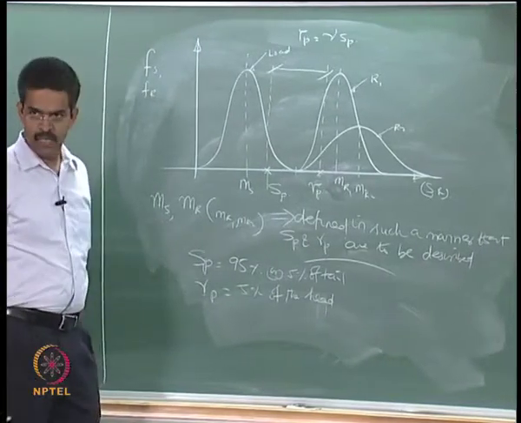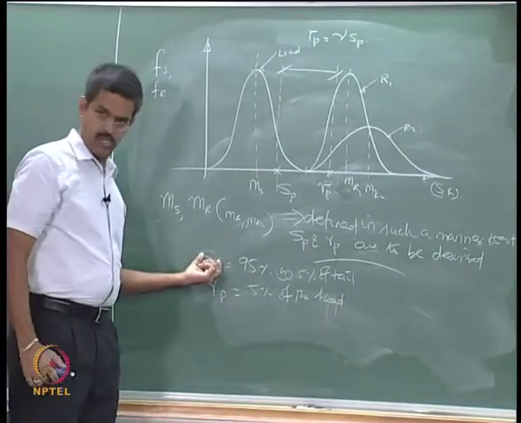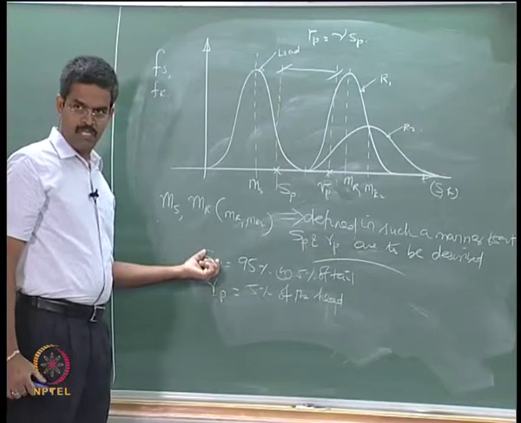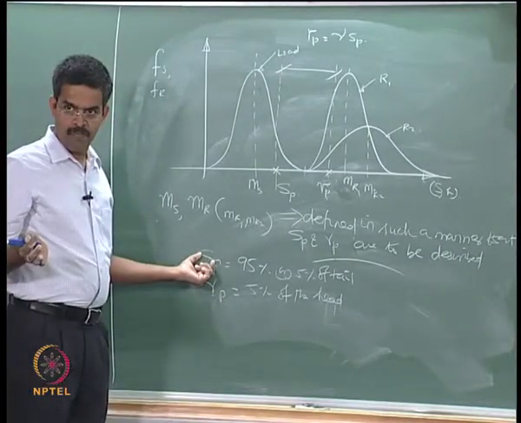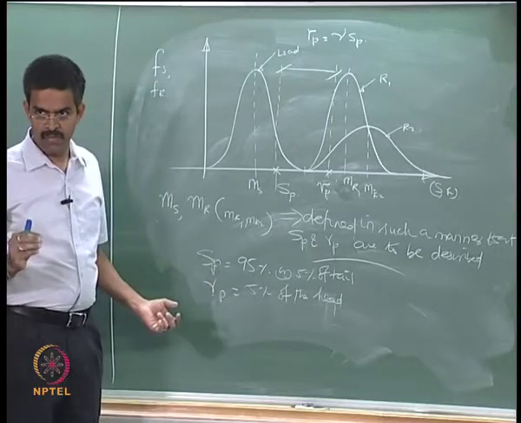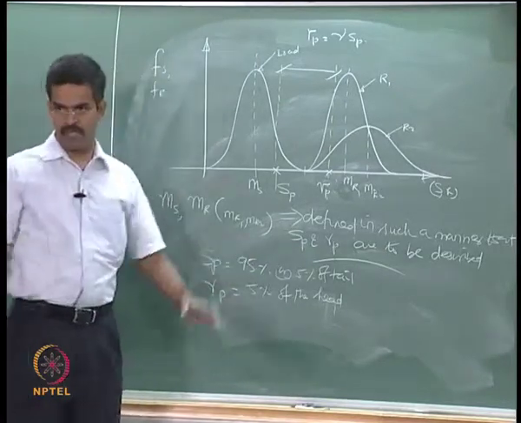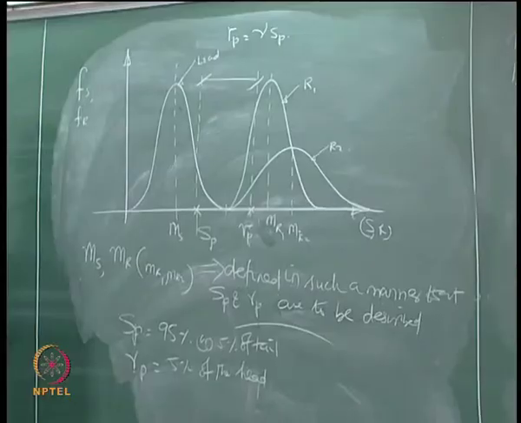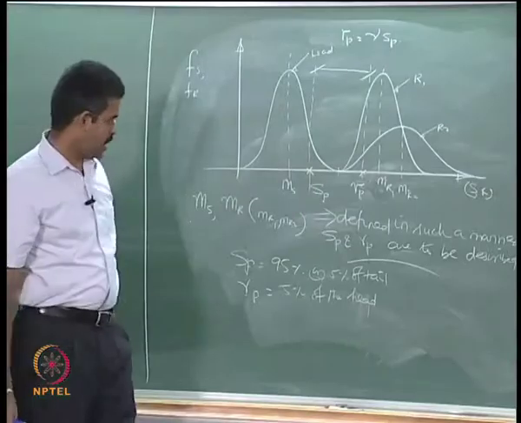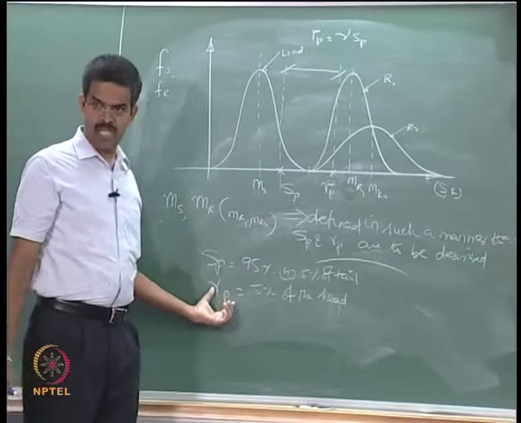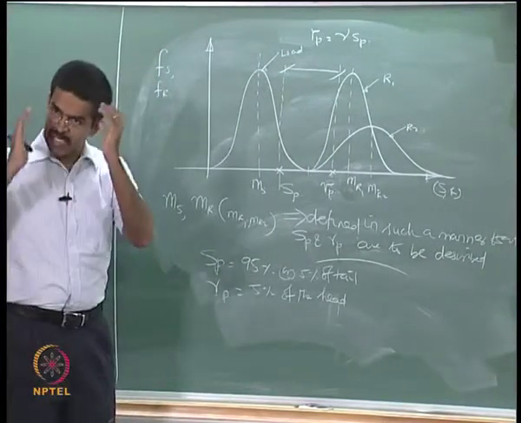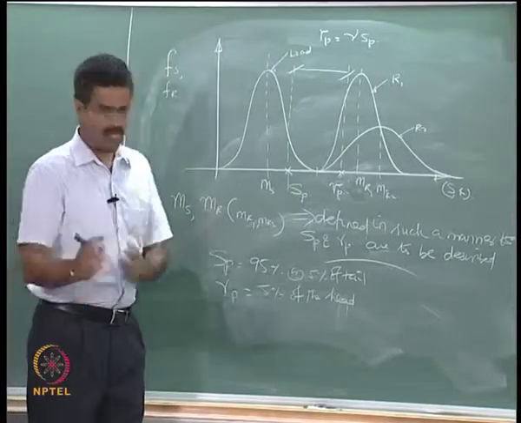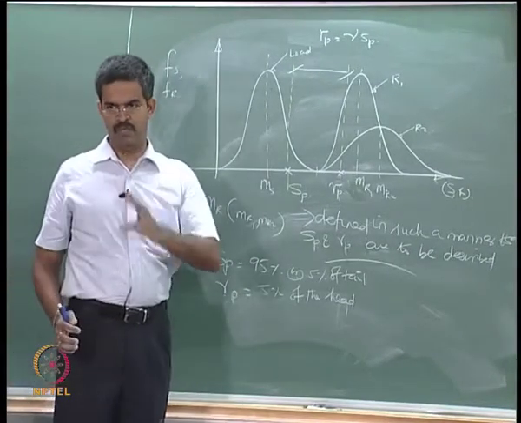So, what does it mean? Characteristic load is that which is never exceeded with the probability of only 5%. 95% it will not be exceeded. Characteristic resistance or strength is that where the material property 95% will be acceptable, there is a chance that it can vary only by 5%.